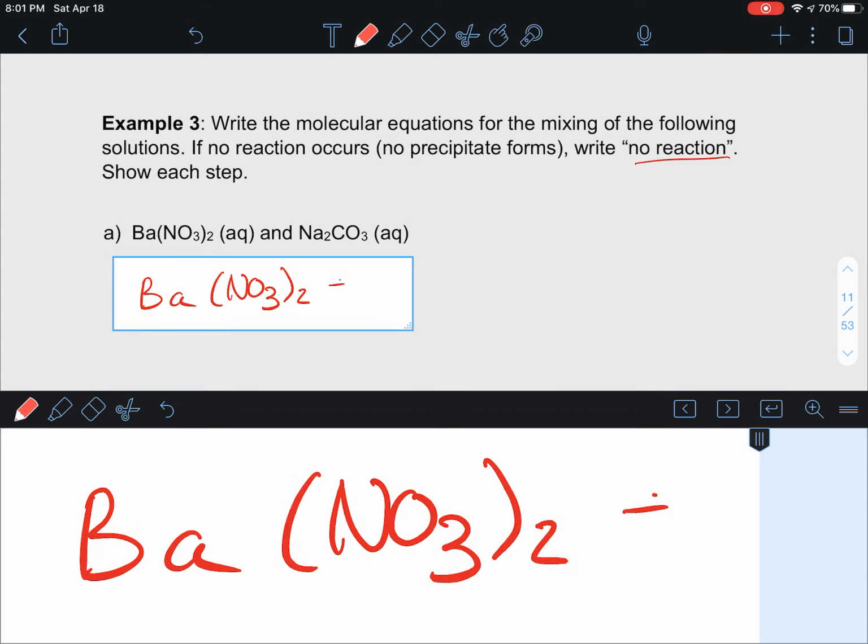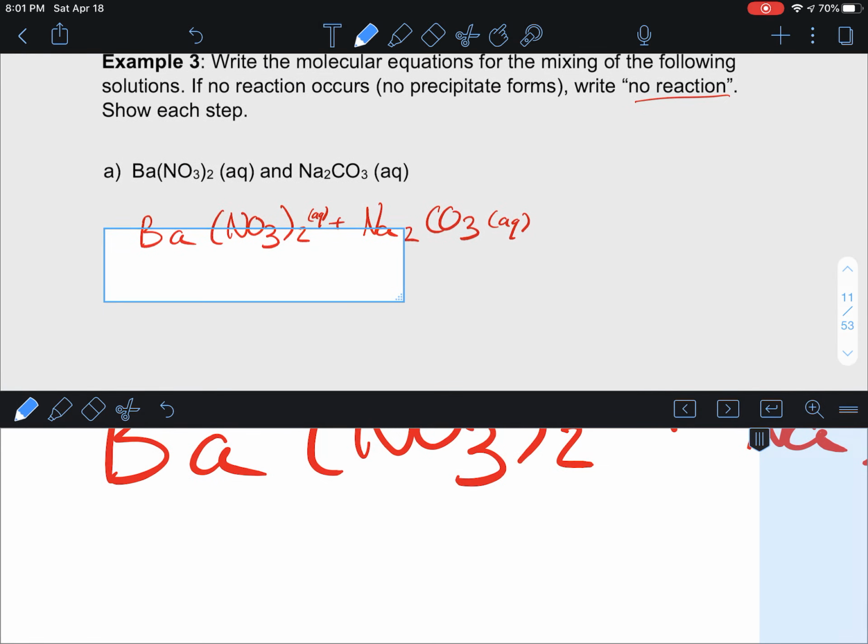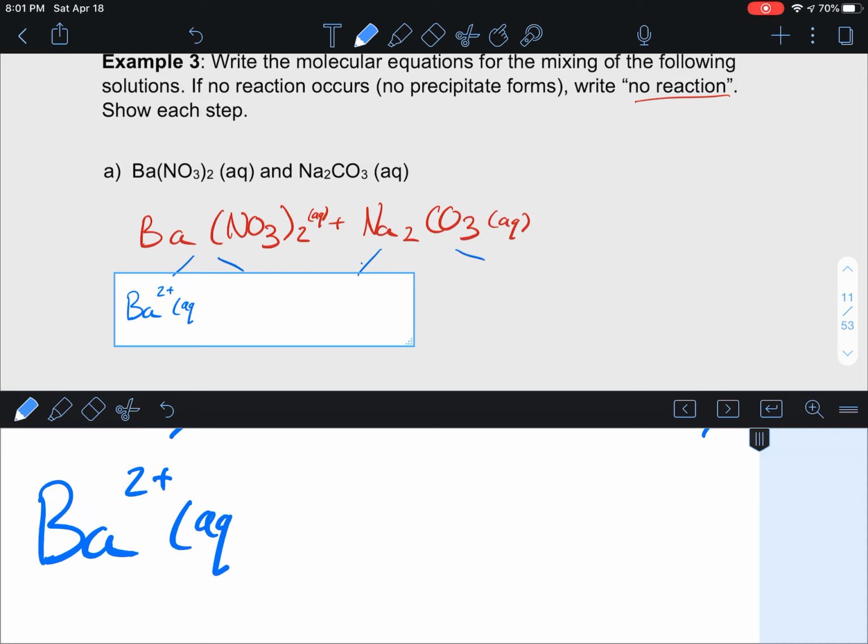I'm going to try to show you a quicker route, maybe. We're going to do barium over here and realize that that's 2+, because each of the nitrates are on your periodic table of ions, I believe.